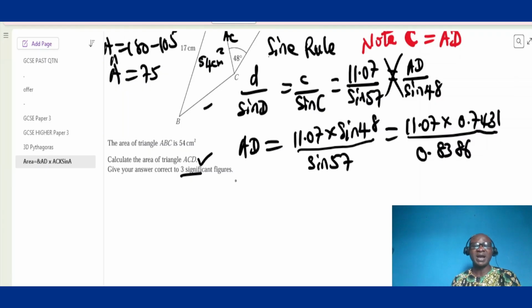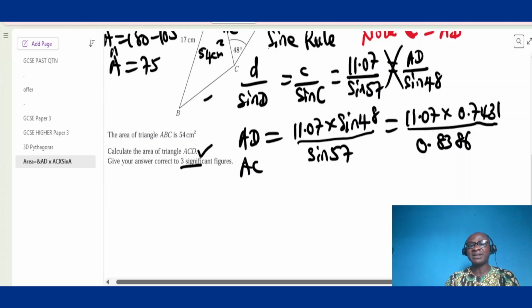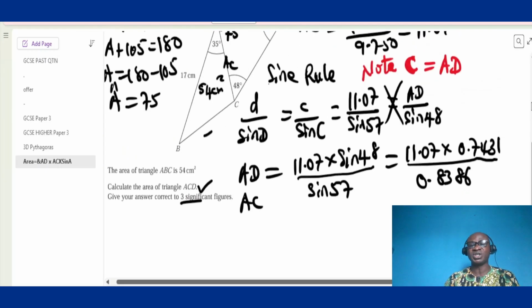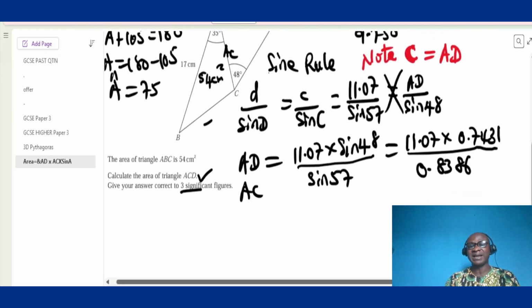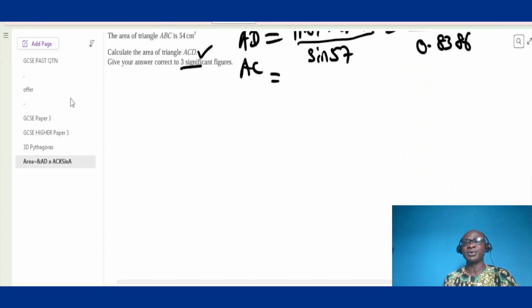All right, this now will give me exactly the length of AC that I am calculating for. Remember that once I find the length of AC, I will be able to make use of that length to now find the area, using the area of a triangle when there is an included angle.